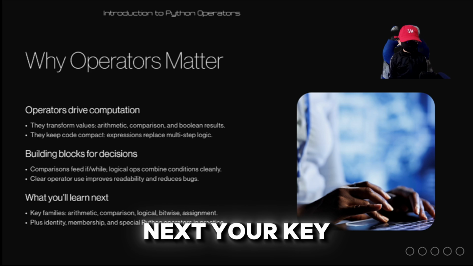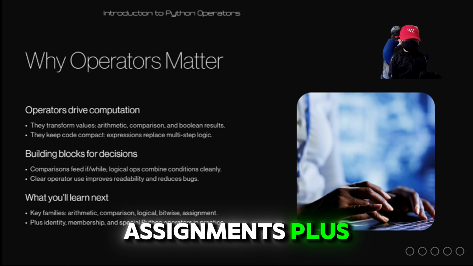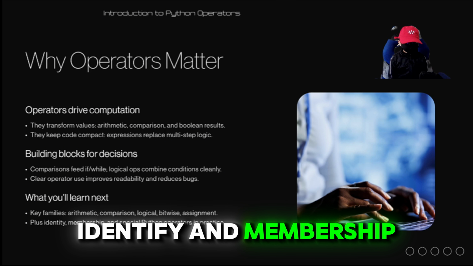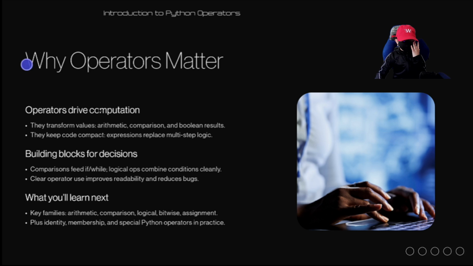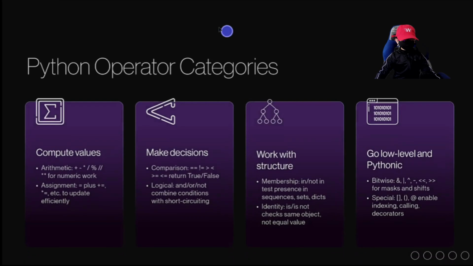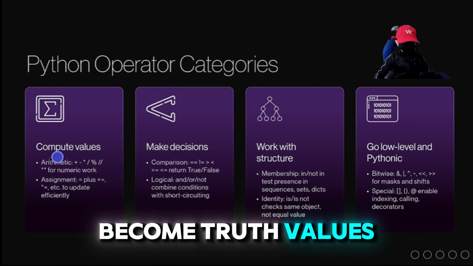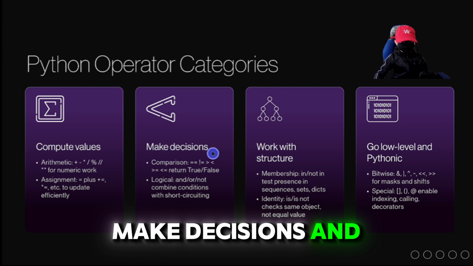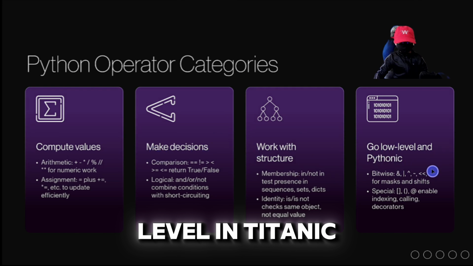What you'll learn next: the key families, arithmetic, comparison, logical, bitwise, assignment, plus identity and membership, and special Python operators in practice. Python operator categories: we have operators to compute values, make decisions, work with structure, and go low level in Pythonic ways.